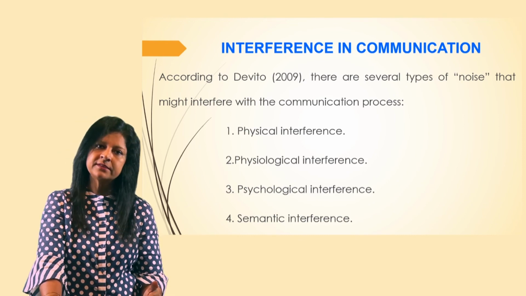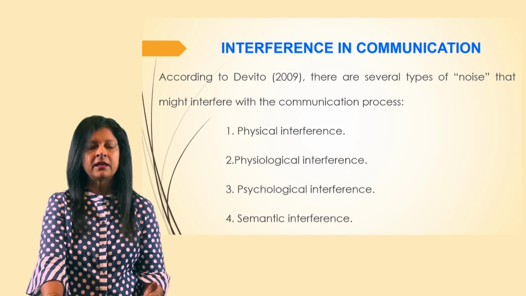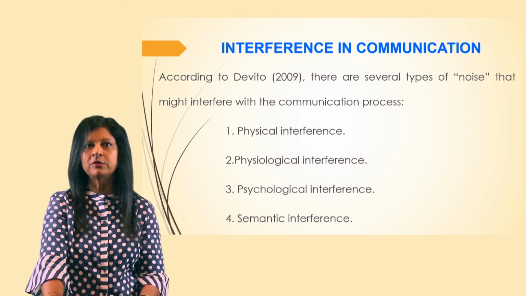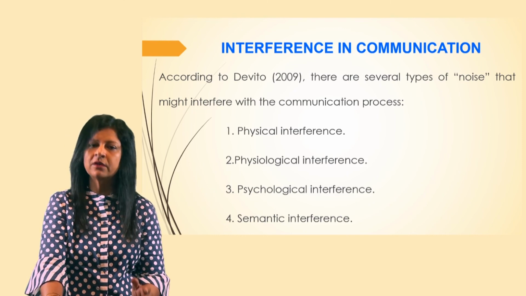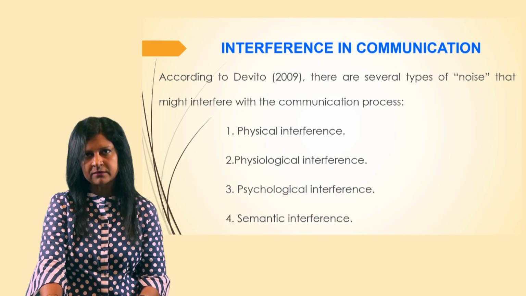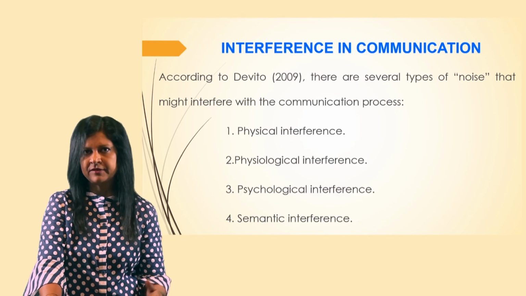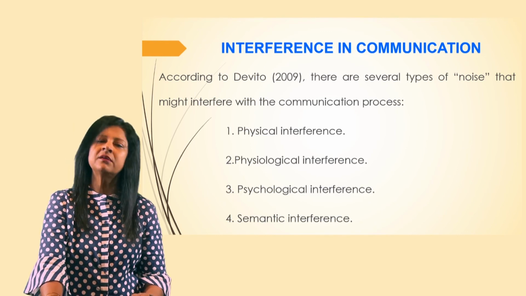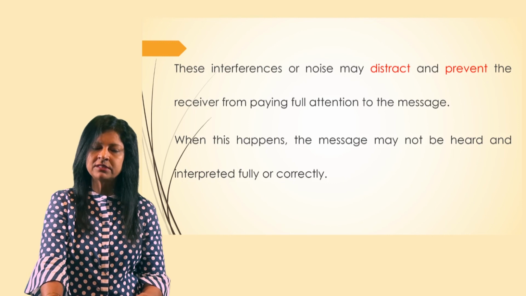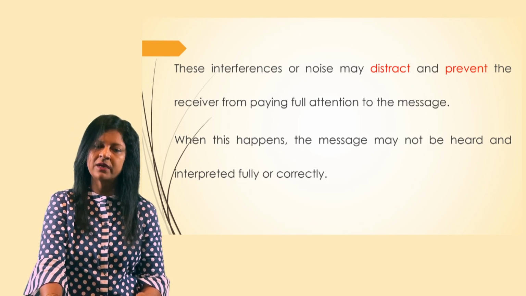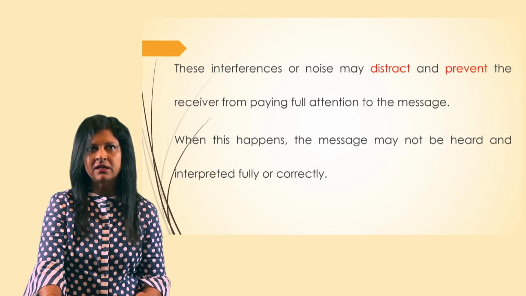And interference in communication. According to Devito in 2009, there are several types of noise that might interfere with the communication process. The first one is the physical interference. The second one is the physiological interference, the third one psychological, and the last one is the semantic.